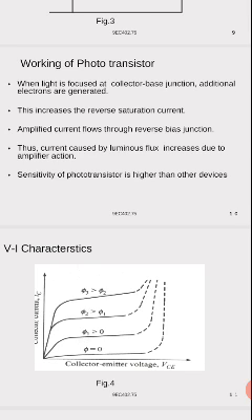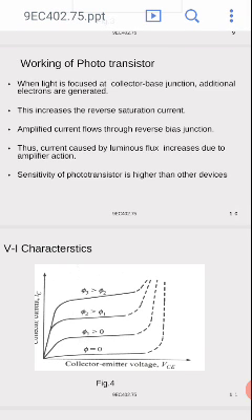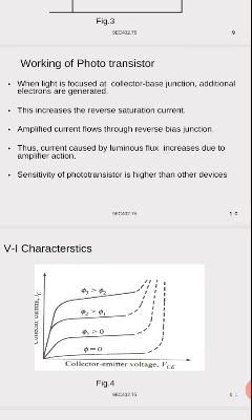VI characteristics means volt ampere characteristics or relation between voltage and current. Relation between voltage and current and light intensity is given here.